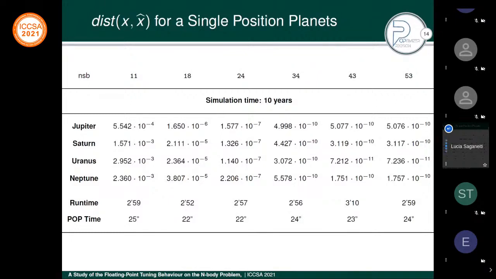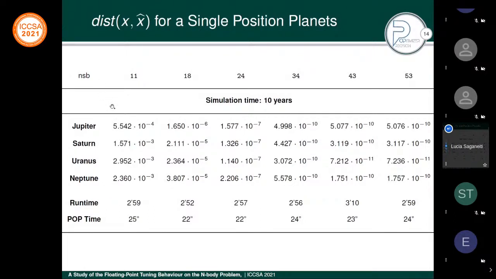And in some manner, we have generated the MPFR version of the n-body program with the optimized data types returned by POP.